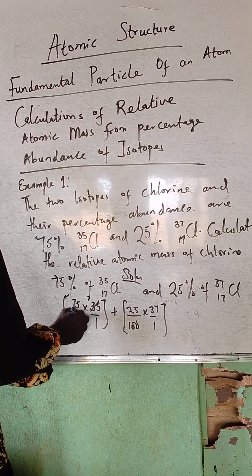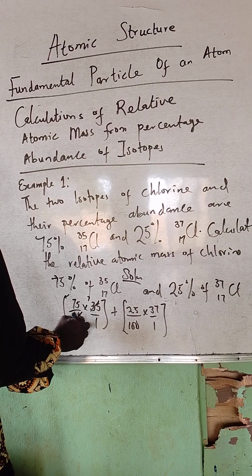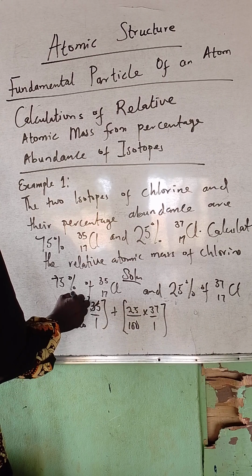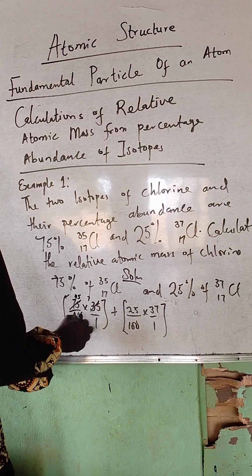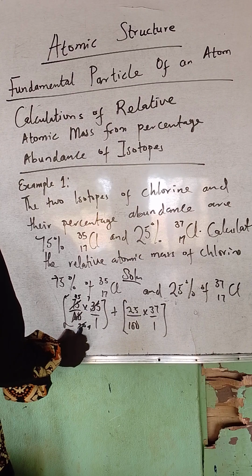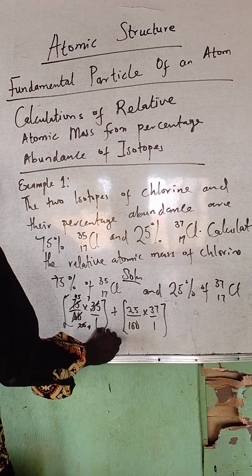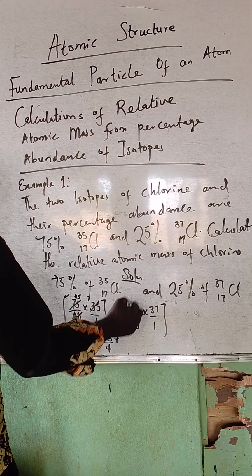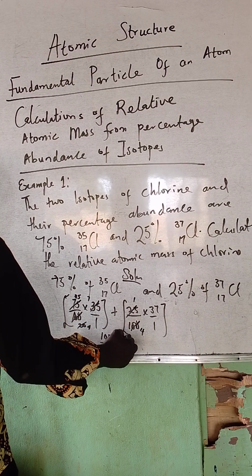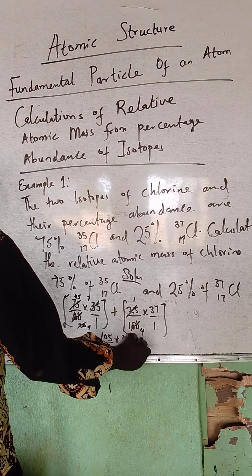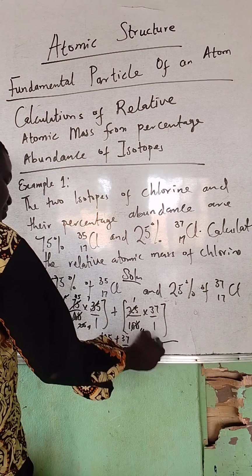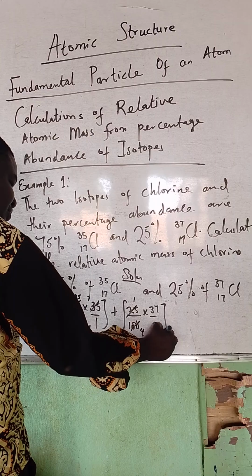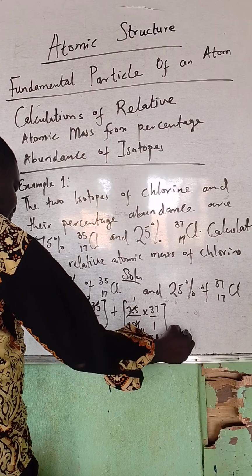So we have 105 over 4 plus 37 over 4. Add them together: 105 plus 37 over 4.